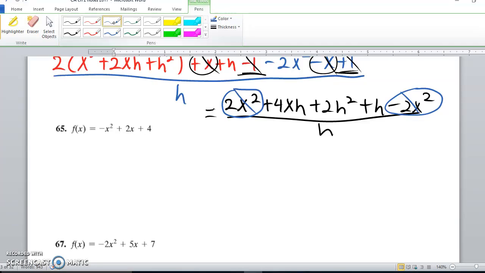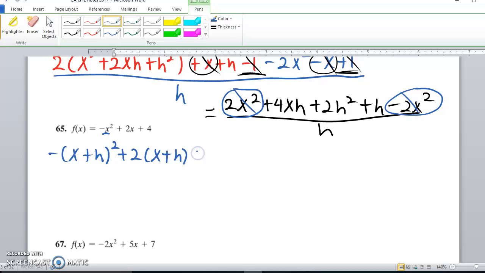All right, so the difference on this one is we've got a negative in front of the x squared. So when we write the first part, which is f of x plus h, we're going to write negative parentheses x plus h squared plus 2 times x plus h.